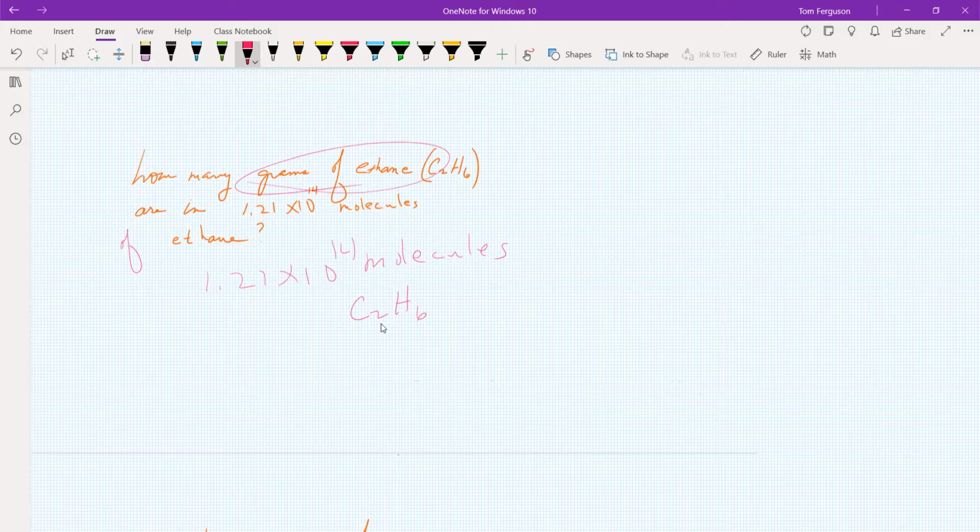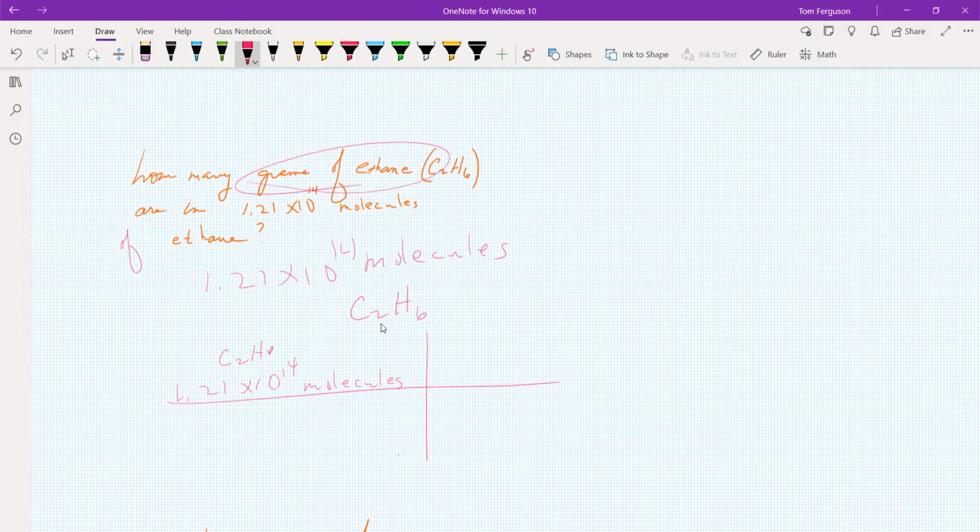Okay, to get grams, we can't go from molecules to grams, we need to go through moles.